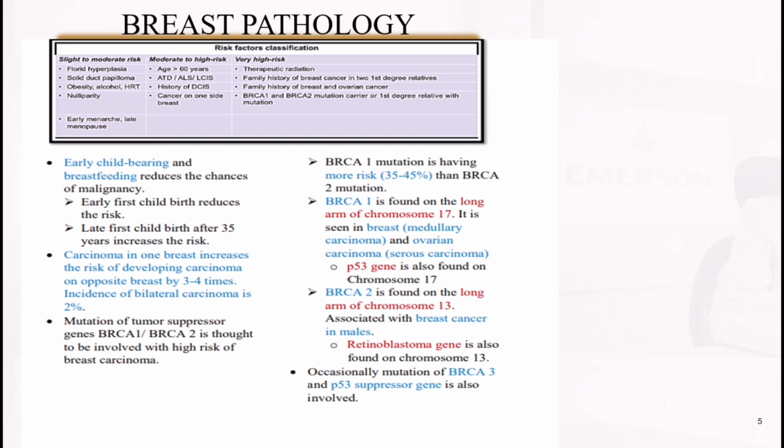BRCA1 is found on the long arm of chromosome 17, and it is seen in breast medullary carcinoma and ovarian carcinoma. BRCA2 is found on the long arm of chromosome 13, and it's associated with breast cancer in males.